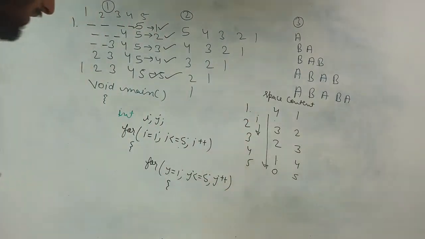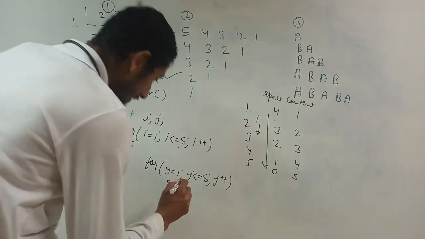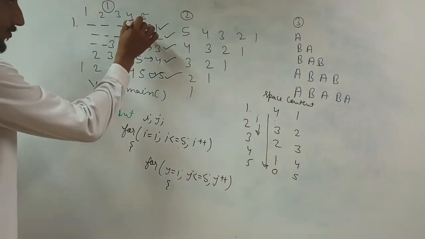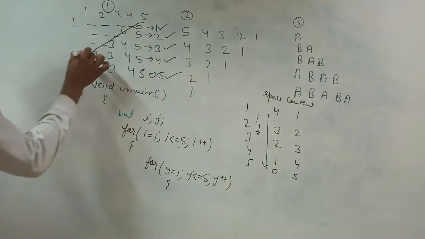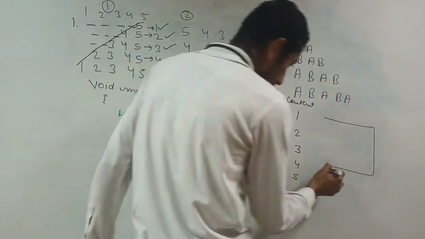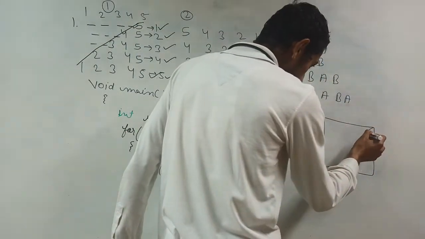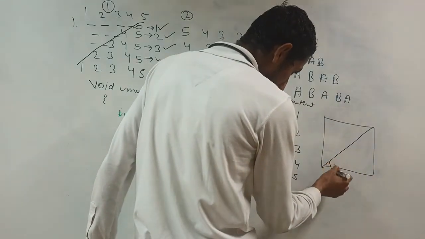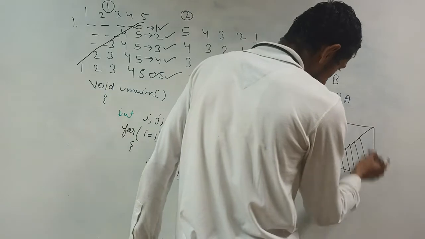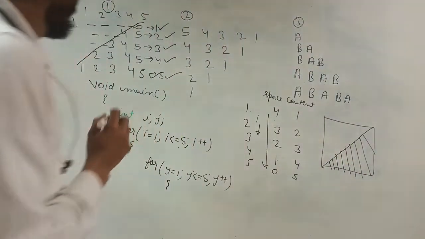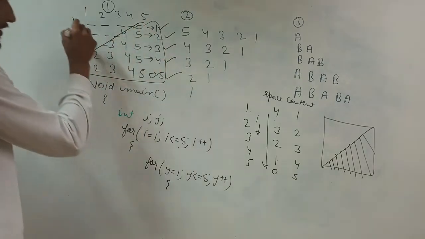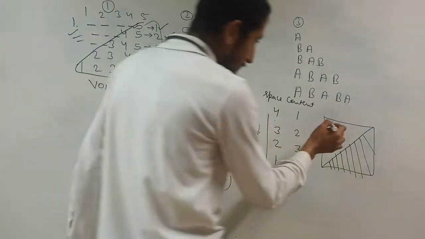So how can we put that? Let me draw this. What is the equation of this line? If this is a grid, what is the equation of this line? In this area you have to print the content, and in this other area you have to print the space.